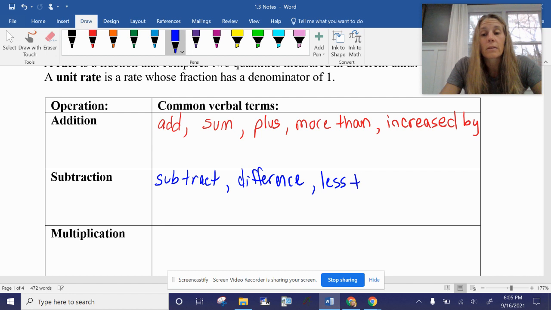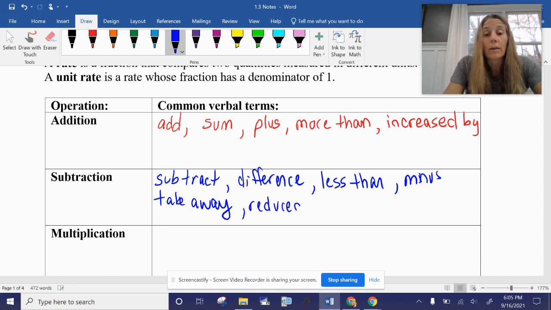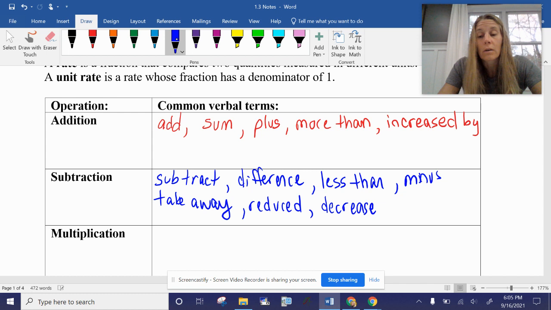Less than, minus, take away. And reduce or reduced by, any version of that word, and also decrease or decreased by or any version of that word.